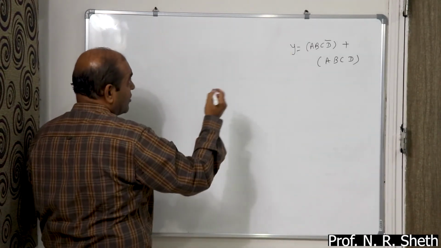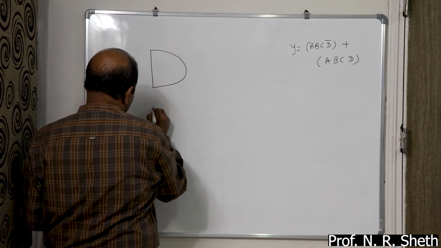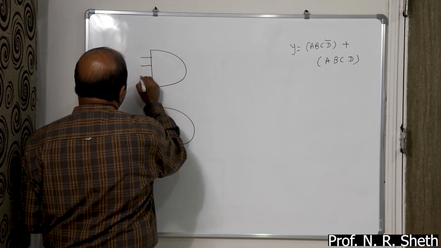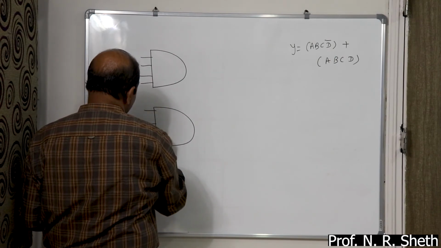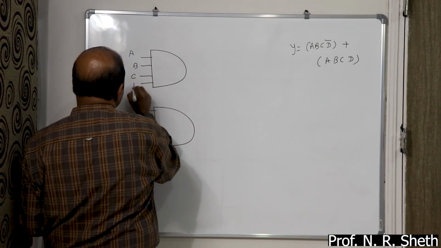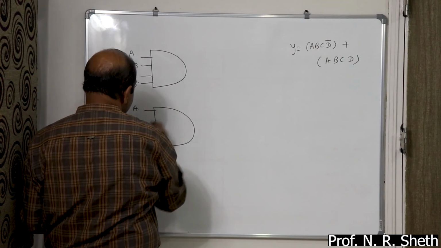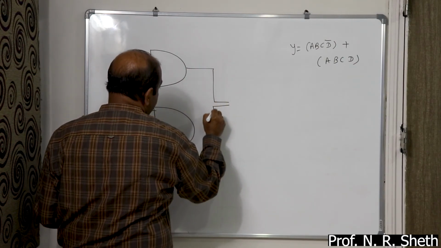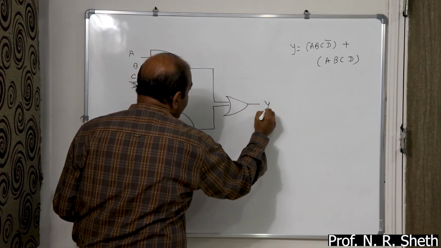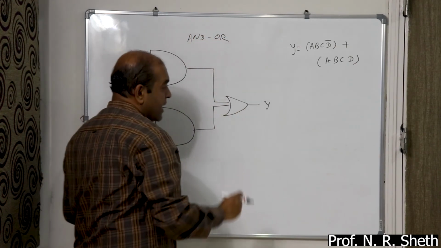So we require only two AND gates, both with 4 inputs, A, B, C, D bar, A, B, C, D. This is your AND OR circuit.